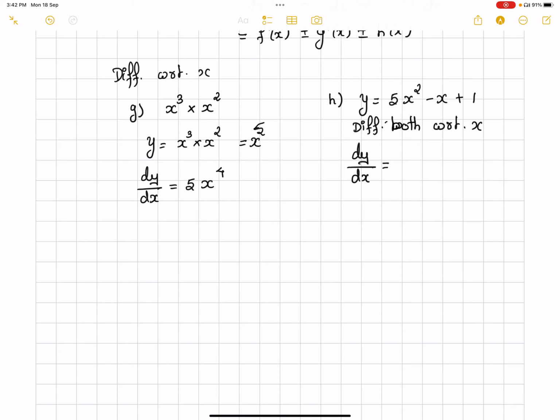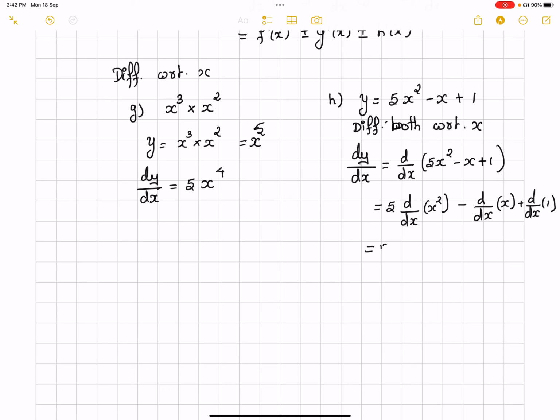And then when I differentiate here, I have d by dx of, that is what I would be having. I'm just making use of those rules and I wanted to show you very clearly how those rules work. So the constant first comes out. So we would be having d by dx of x squared, then minus d by dx of x, and then plus d by dx of 1.